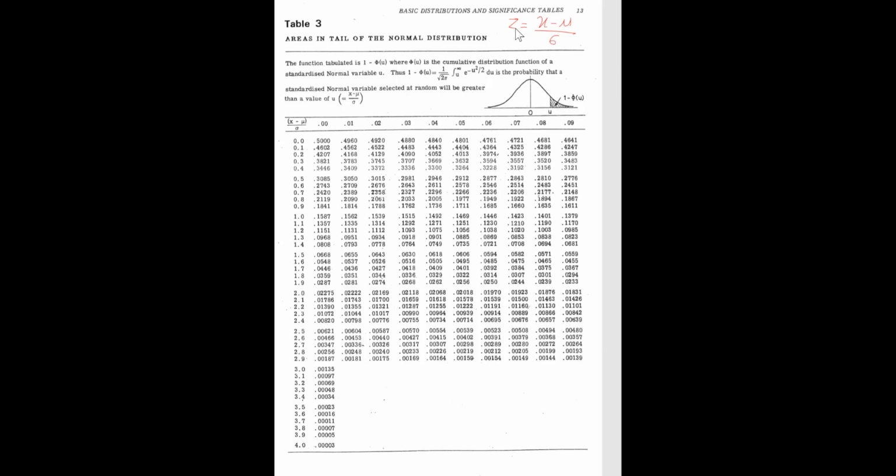If the question asks you to find the probability of Z greater than 1.7, for example, we look for 1.7, and 1.7 is here.